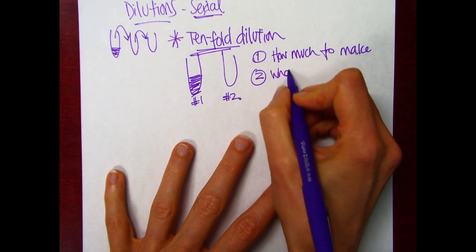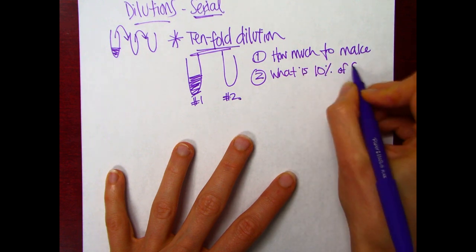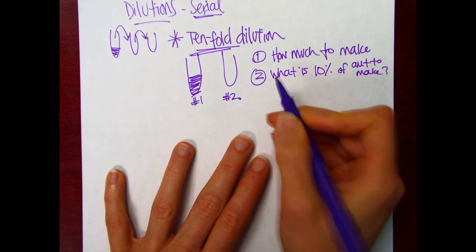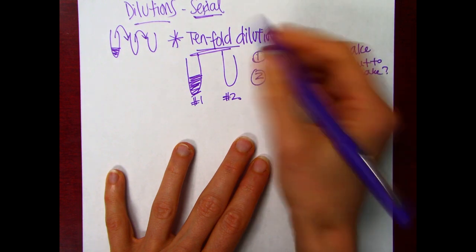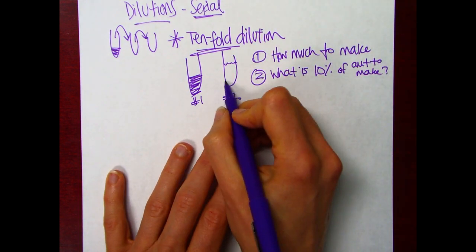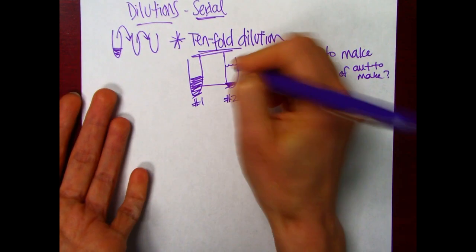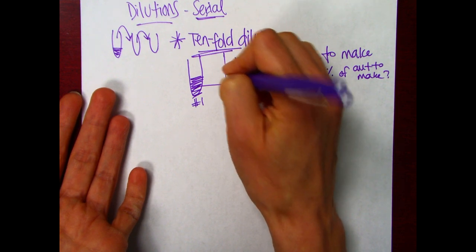So what is 10% of the amount to make? Basically, if number 2 is going to be 10% the strength of number 1, then of all of number 2 that we're going to make, 10% of it has to come from number 1. The remaining 90% is going to be the thing that we're dissolving in.